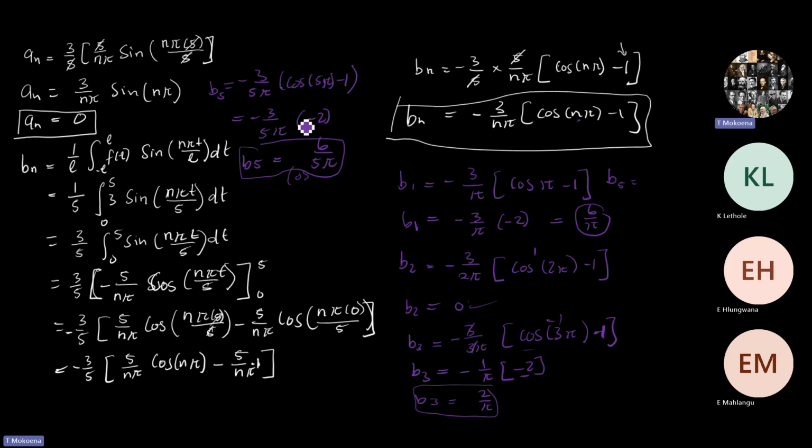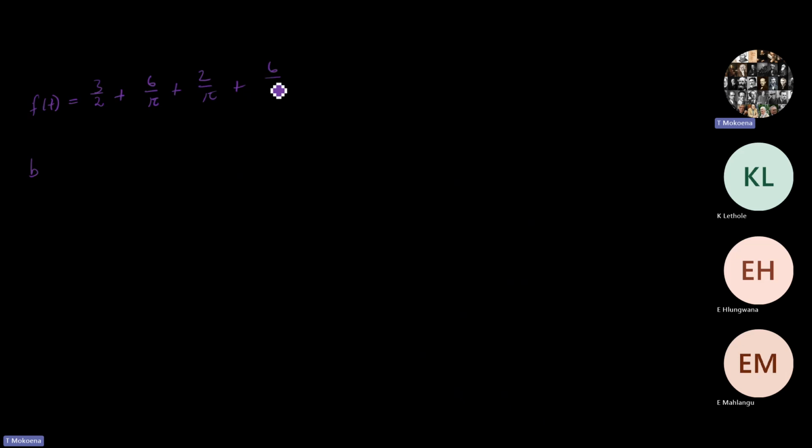Plus the third one, we have 6 over 5 pi. And therefore, we can say plus and so on, because this is to infinity. We don't know how many terms they want. They didn't tell us, so we'll just end it with ellipses to show that the series or the pattern will continue just like so. Therefore, this will be our final answer.